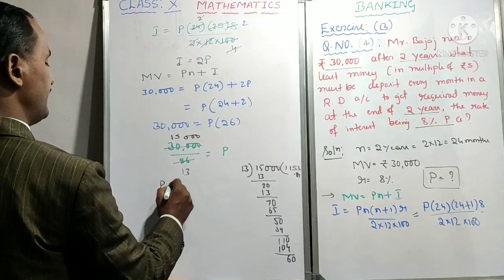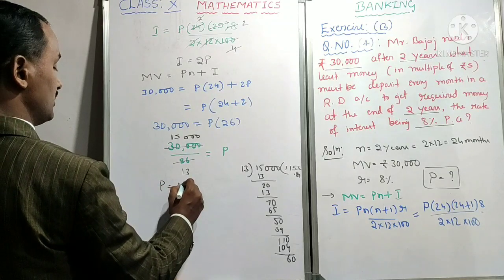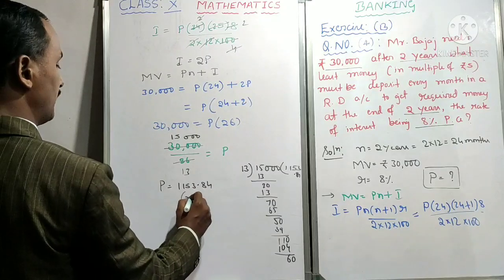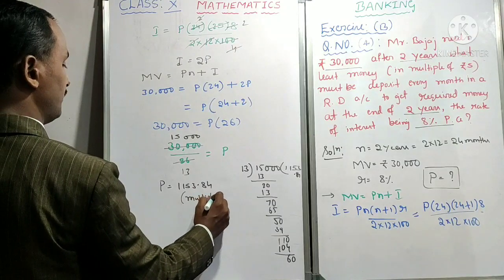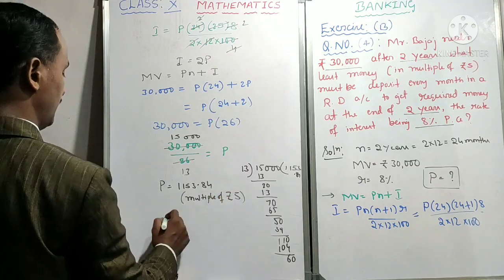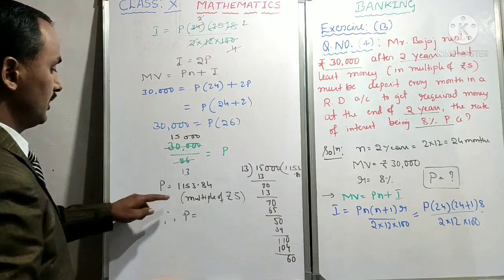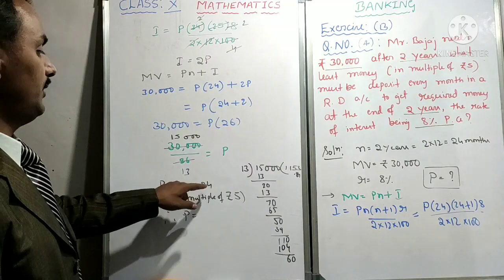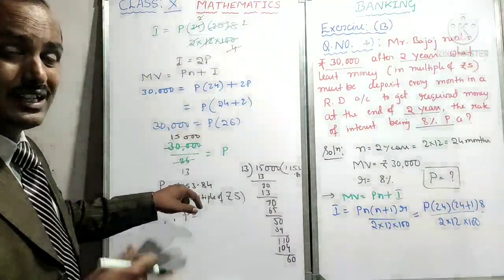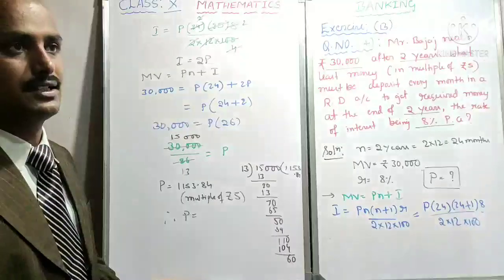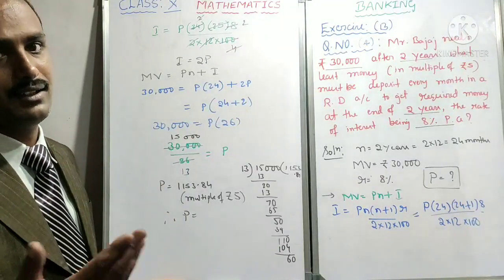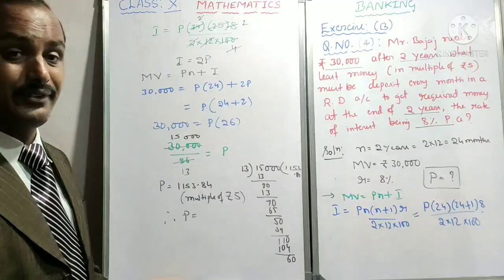See, I got P is equal to 1153.84. We got it. We want a multiple of rupees 5, therefore P is equal to 1153.84, very near to 1155, so we will write 1155. For example, dear children, 12.5 is near to 15, and 11.5 is very near to 10.